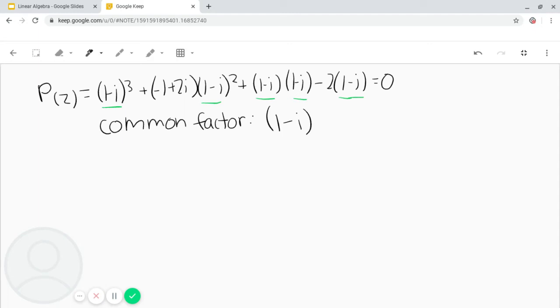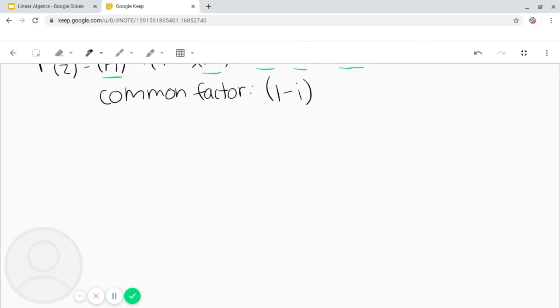So what we're going to do is perform polynomial long division with that, dividing the rest of it. So I'm just going to pull that out. Actually, I'll move it a little bit lower just so we have enough room. So we have the factor 1 minus i.